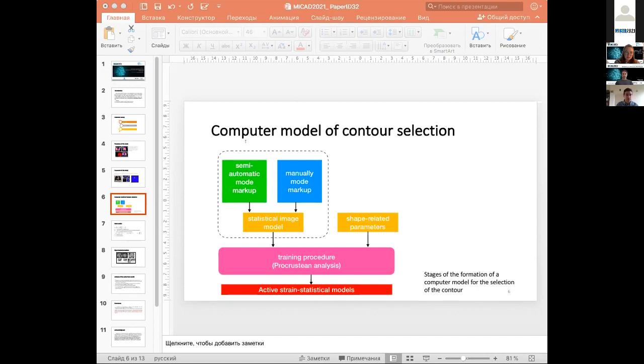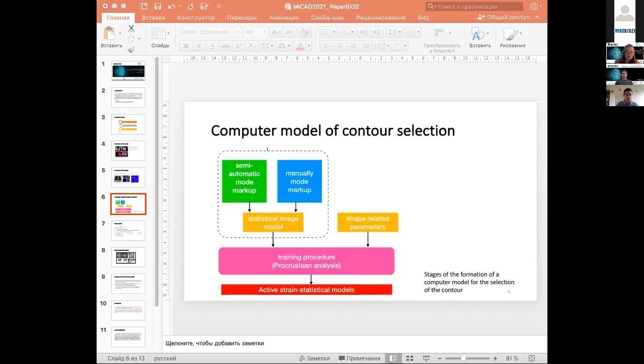First, consider the common parts of the approach. Two parameters are modeled in the active appearance models: shape-related parameters, or shape parameters, and parameters related to a statistical image model, or texture appearance parameters. Before use, the model must be trained on a set of pre-marked images.